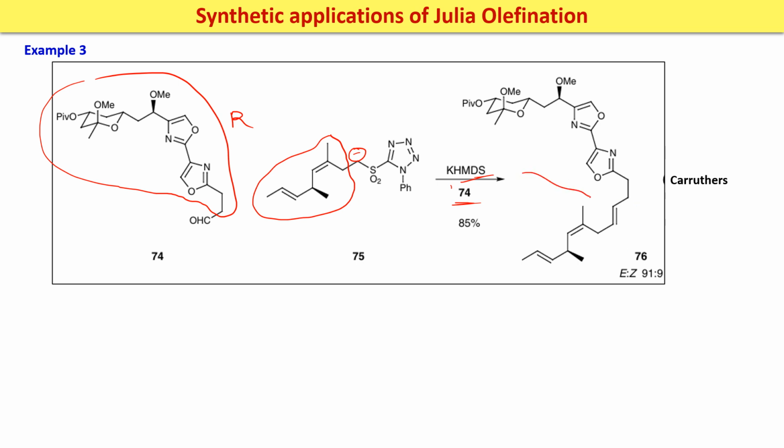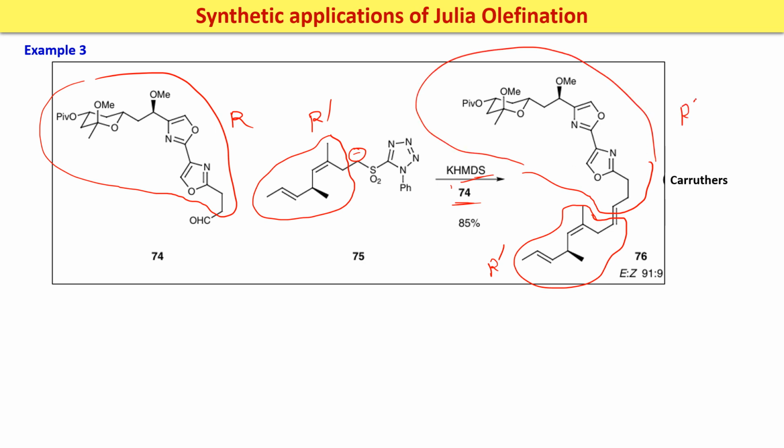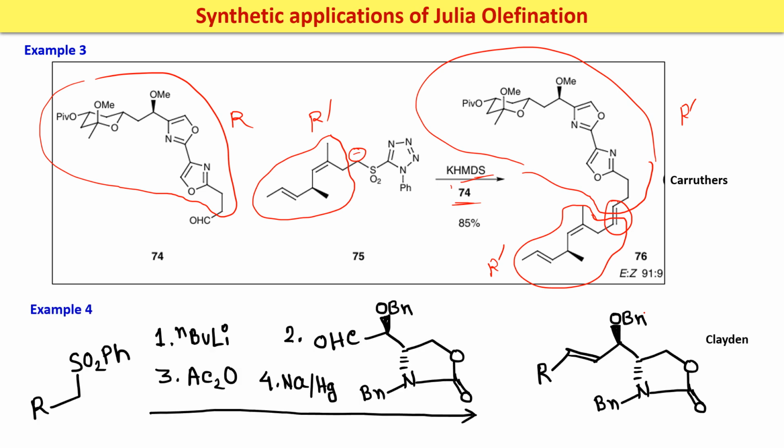This part is coming from the CHO, that is R, and the other part is coming from this SO2 tetrazole side. So this is our R prime, and this whole side is our R group. The main focus we should give is this part where E-alkene is generated. The ratio is also given, you can see.